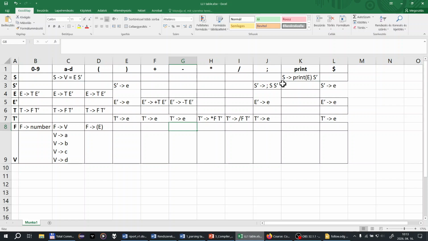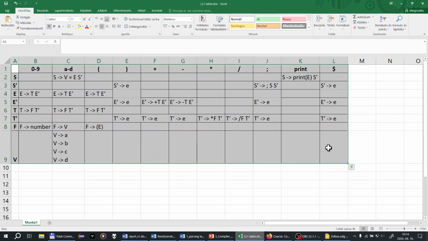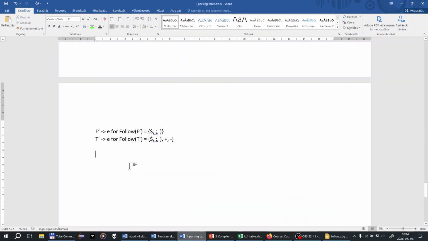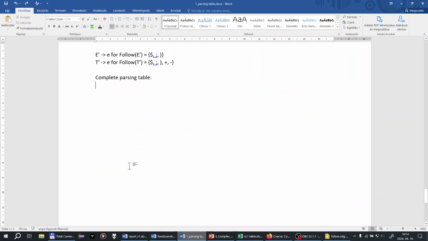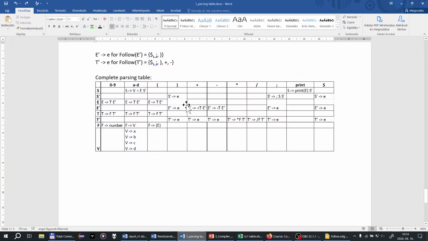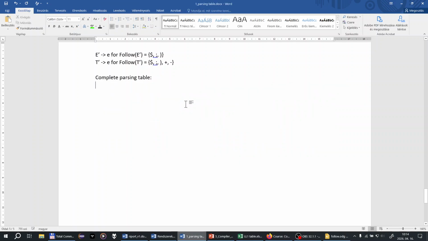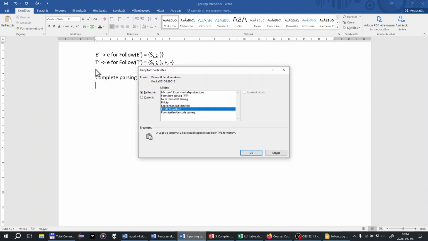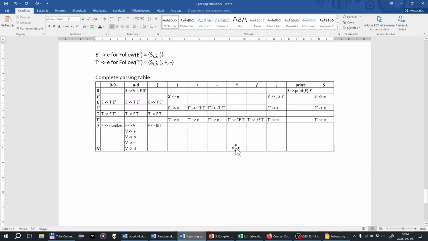Okay, let's see. So at this point, the parsing table is complete. And let's apply.